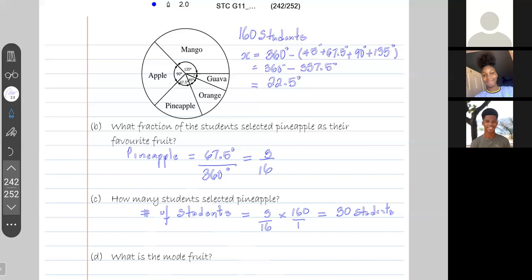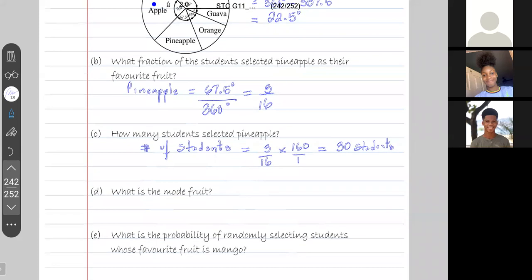Mango has the largest sector angle, which means mango is the favorite fruit, the fruit that most students selected. So the mode is mango.